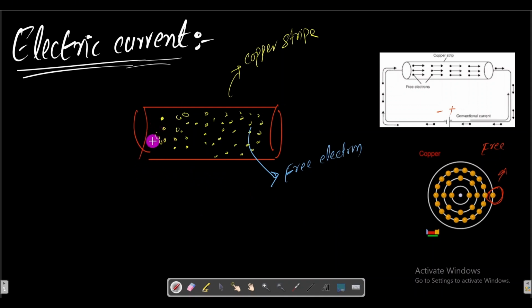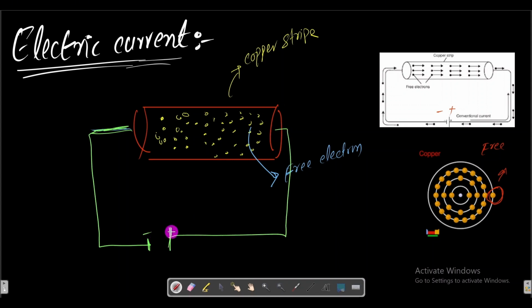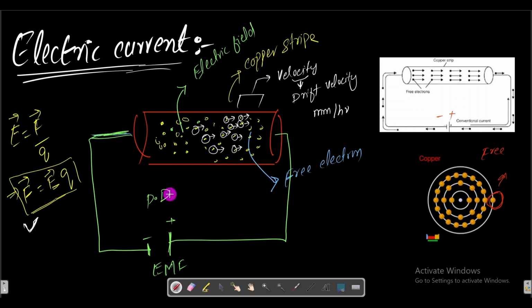So here we have a large number of free electrons, but if we provide an external source such as a battery, I am going to connect this side to the negative terminal of the battery, and this side to the positive terminal. In this case these free electrons will feel a force. Due to the electromotive force, a potential difference is created, and due to that potential difference, an electric field is developed inside this copper strip.